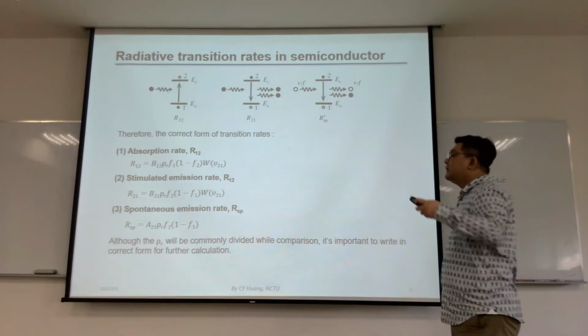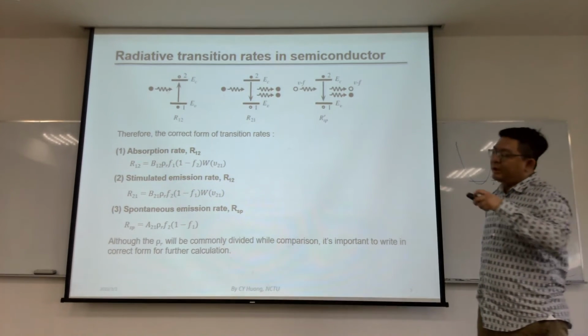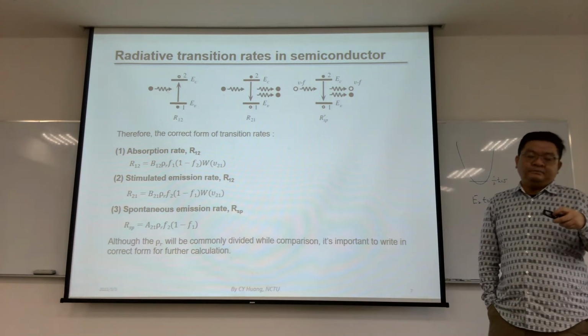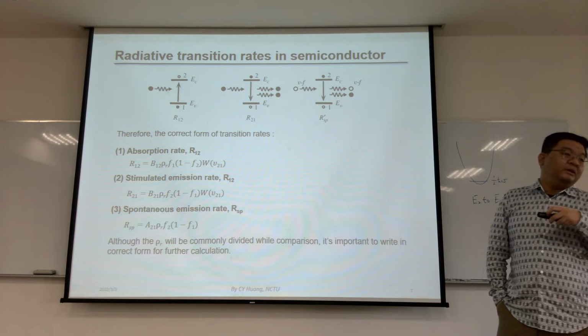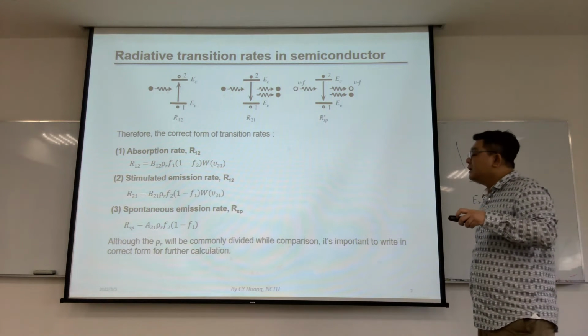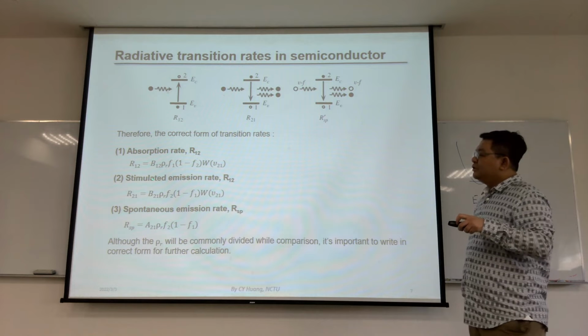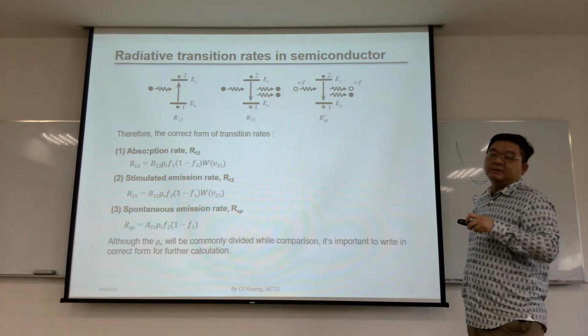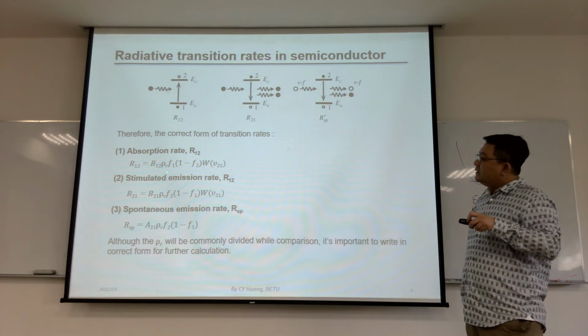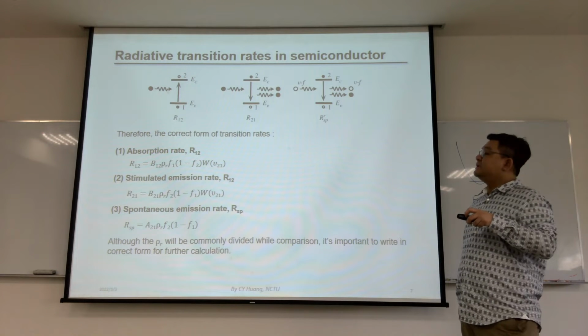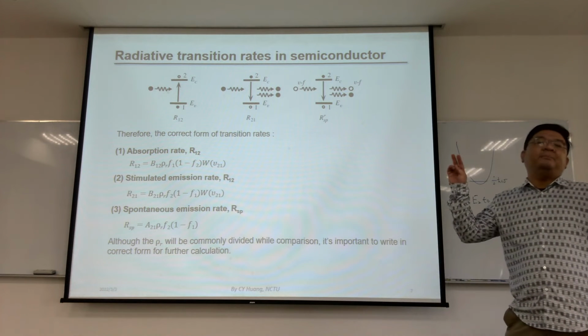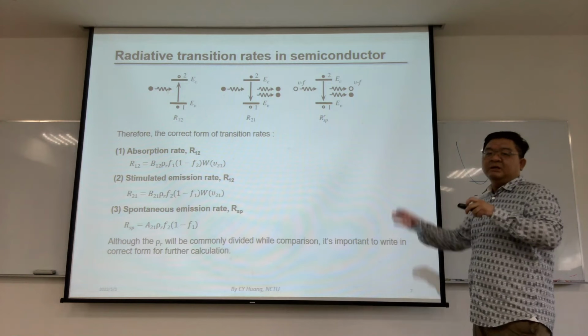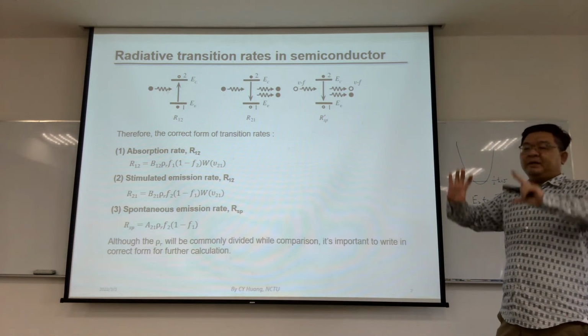Alright, so now we can write down the equation as below after considering those things. R12 should be a proportional constant times the reduced density of state. That means the real possible combinations of the transition matching the conduction band and the valence band.